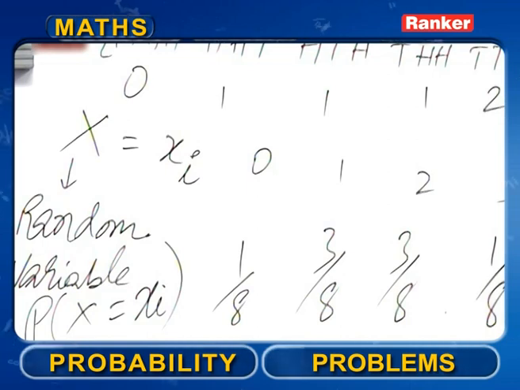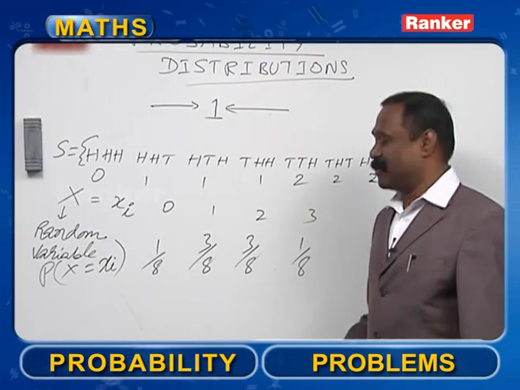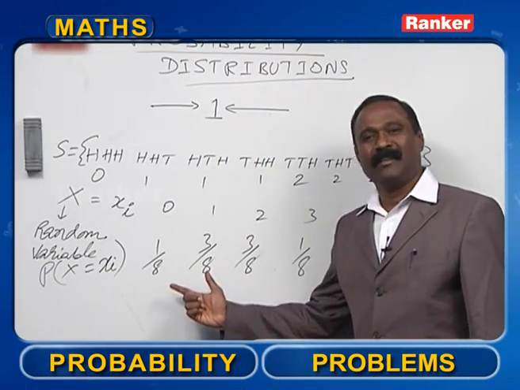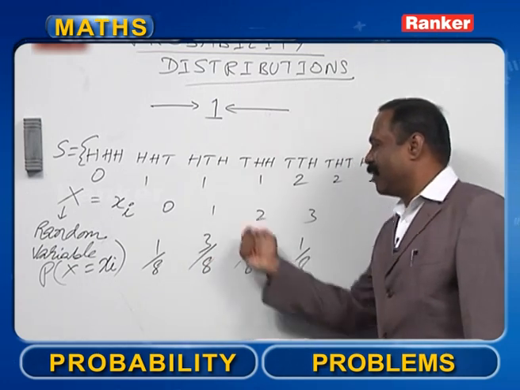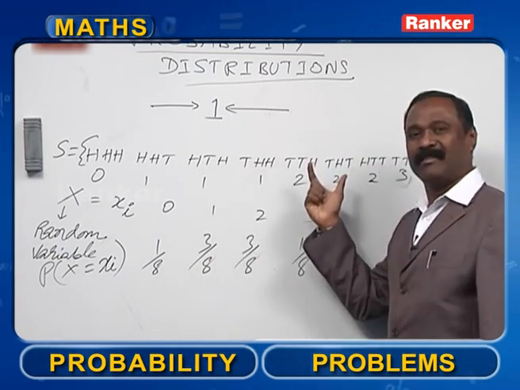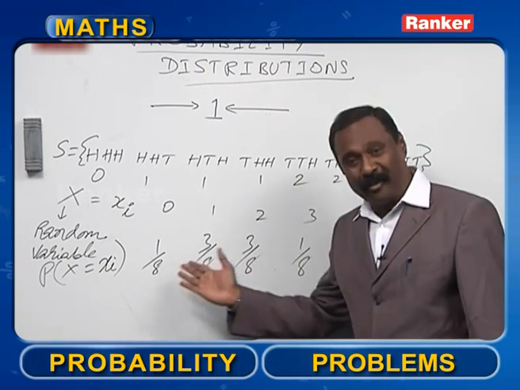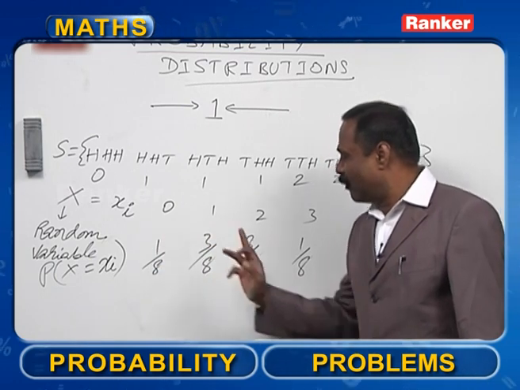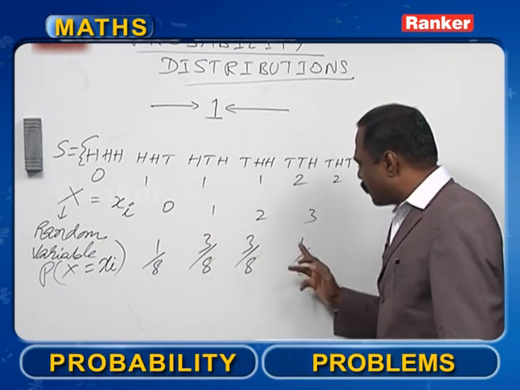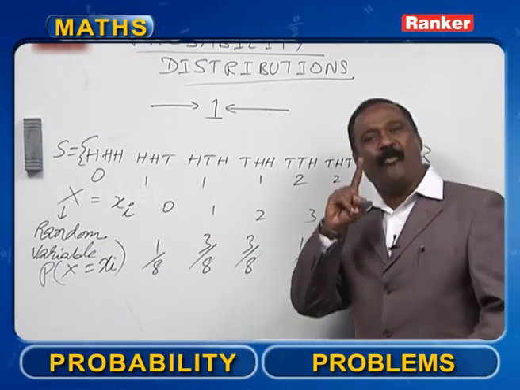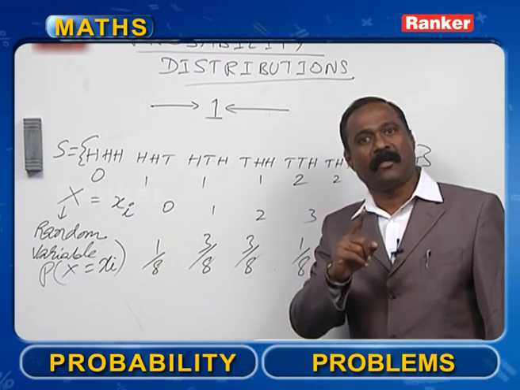See how this 1 is beautifully distributed among each of the random variable values. How can you say that it is 1? Add all this. 3 plus 1, 4, plus 3, 7, plus 1, 8. 8 upon 8 is 1.